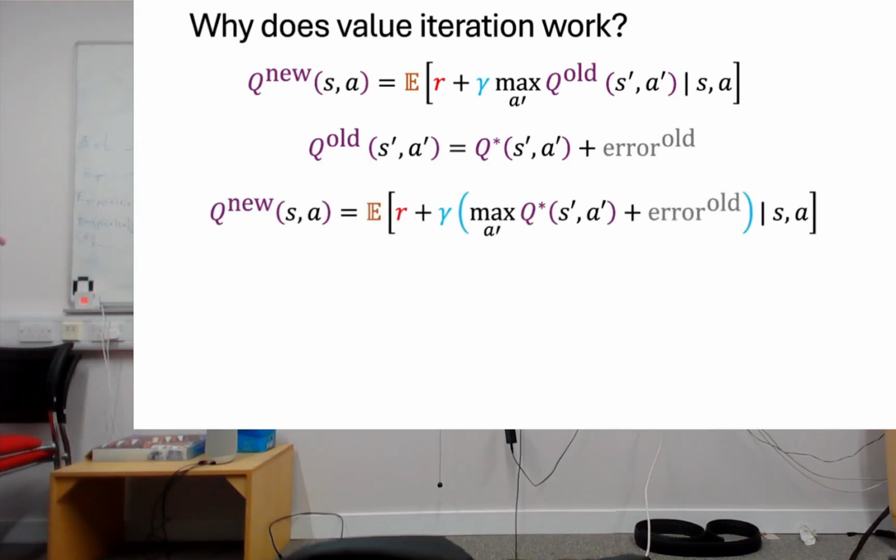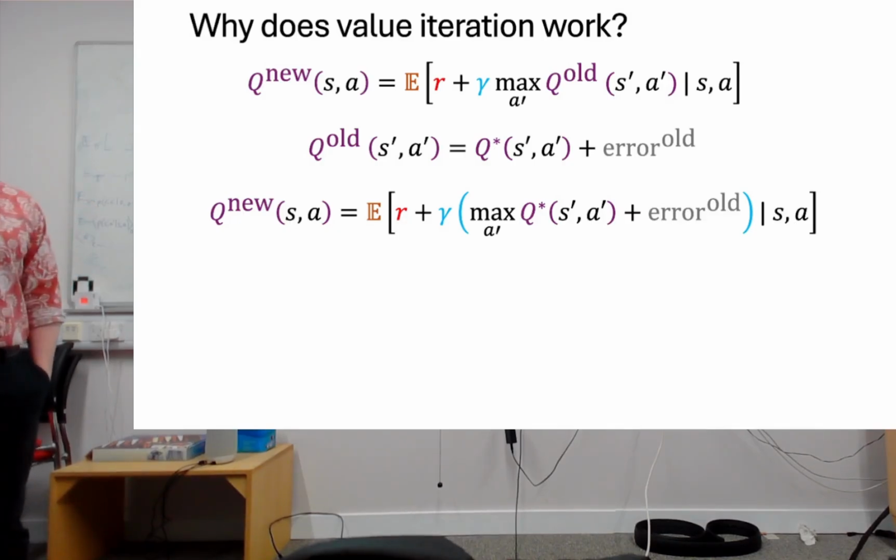So let's shove this into this update rule here. Q new is equal to the expectation over transitions of reward plus gamma times the maximum over a prime of Q old, which is just Q star of s prime, a prime plus error old. All I've done is take the second line and plug it into the first.